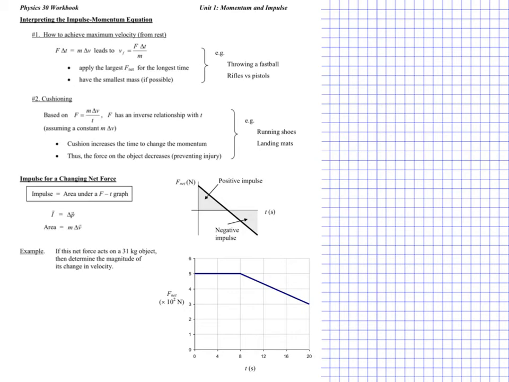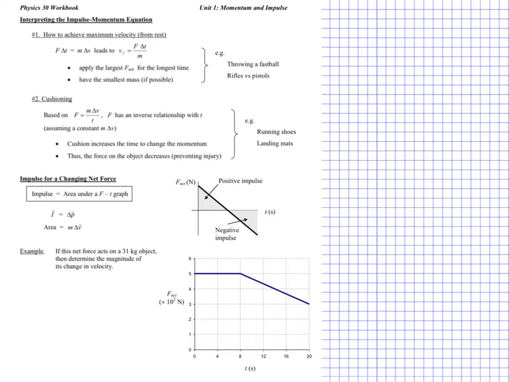Okay, so example number 2. A little bit of recap from class on this one. We're dealing with Ft, in other words, force multiplied by a change in time. This is going to give you the impulse, and the other way of saying impulse is that you have a mass multiplied by a change in velocity.